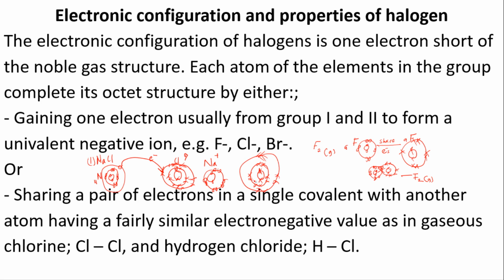Then you have this, Na plus and Cl minus. Therefore, when both of them combine together, they form sodium chloride. And that is what we're talking about: gaining 1 electron, usually from group 1 and group 2, to form a univalent negative ion. As you can see here, univalent means what? 1 negative ion.